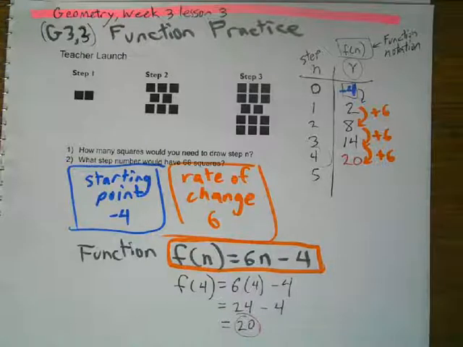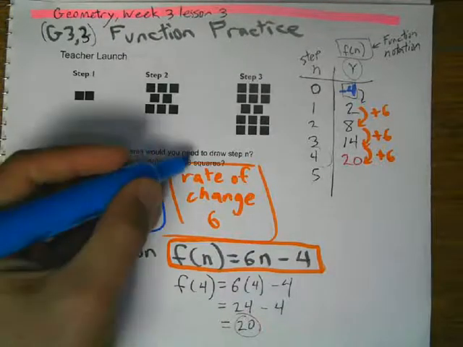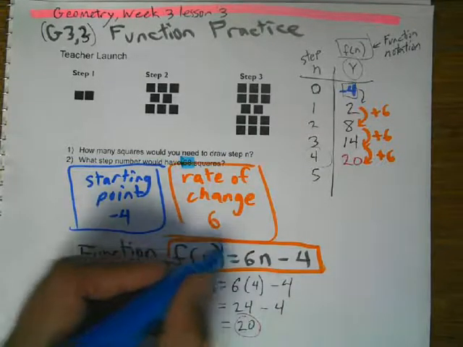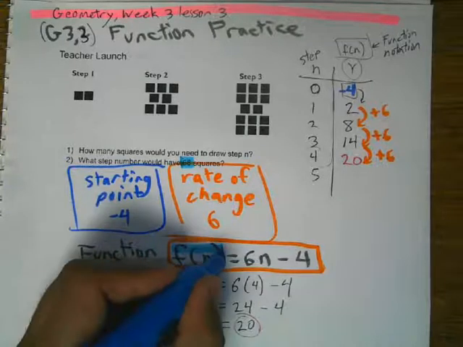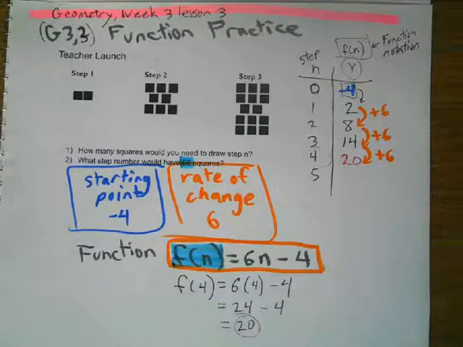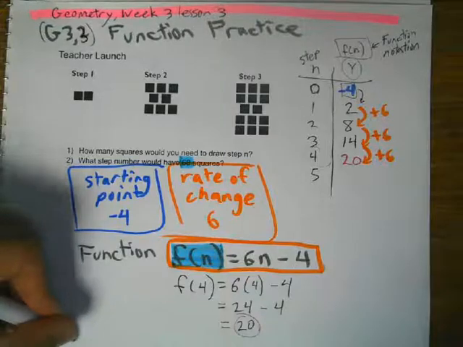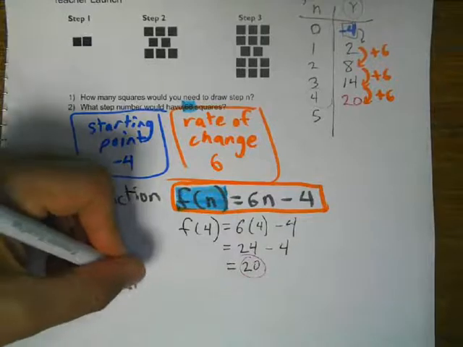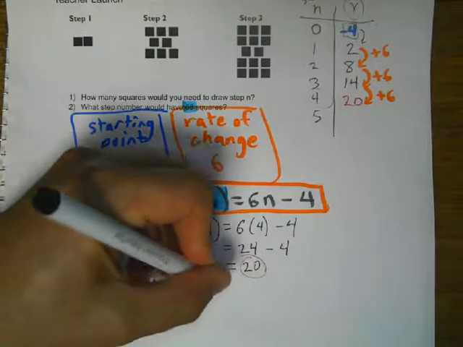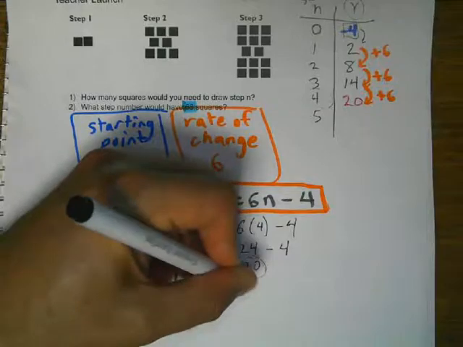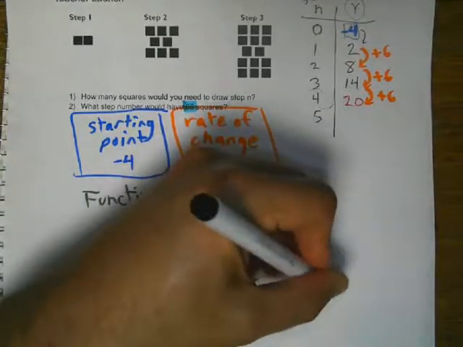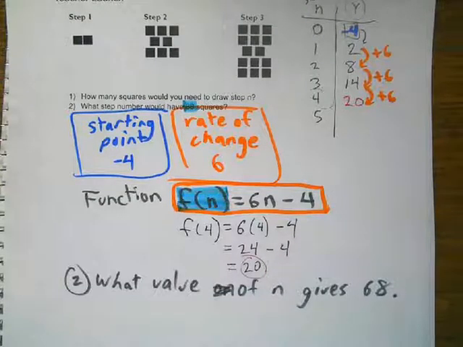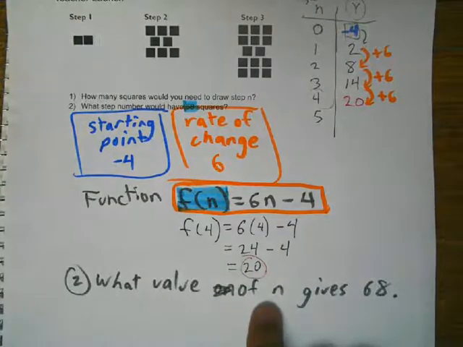If they're asking what's going to have 68 squares, we're trying to figure out what value of n gives 68. That's really what question number 2 says. What value of n gives 68?